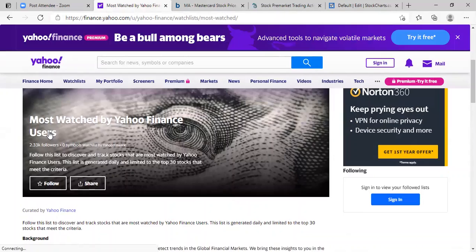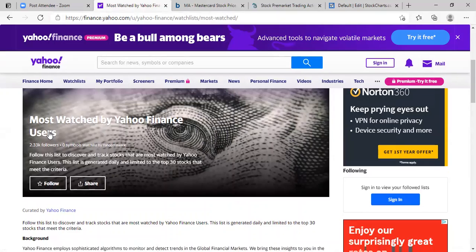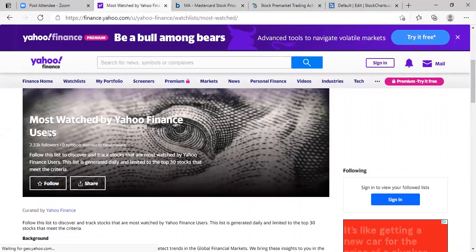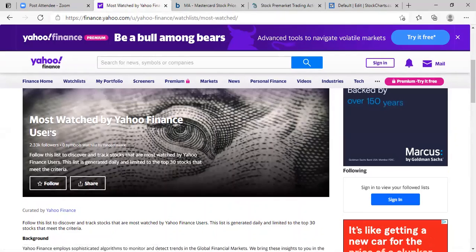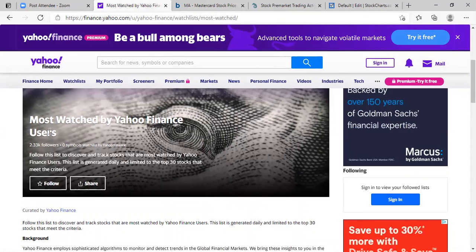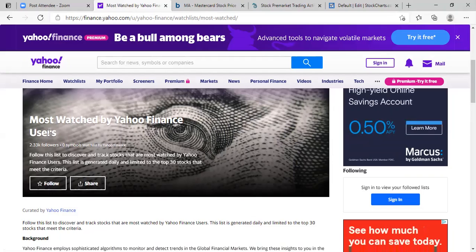And so that's how you can find out what everybody is looking at, and if these stocks are part of the top 30, then there's a good chance that there's something going on with them, and there's lots of people who are watching it. So you may want to join in, there's something going on with that if everybody is paying so much attention to it. So those are 3 ways that you can add to your watch list. Okay.